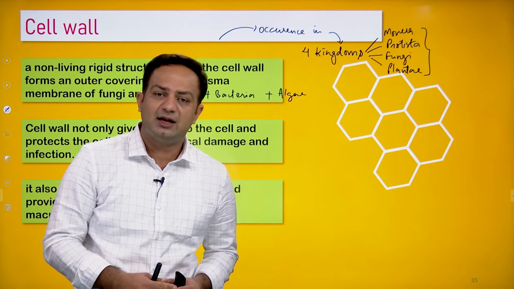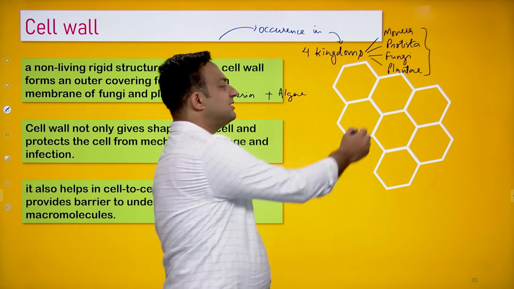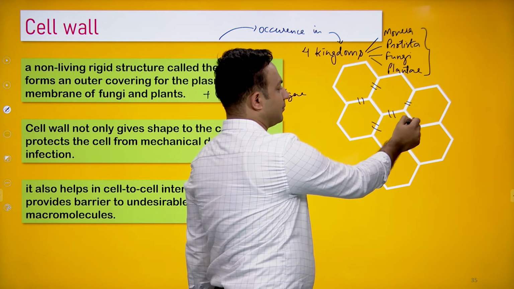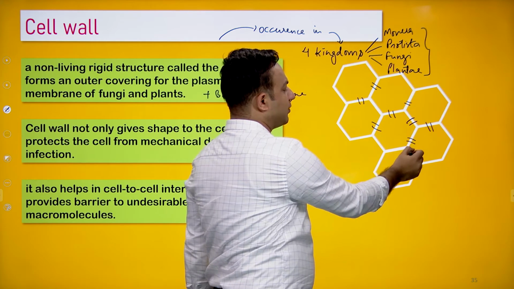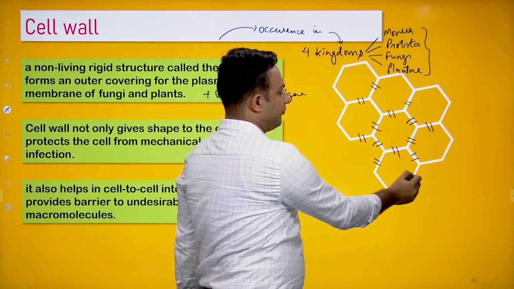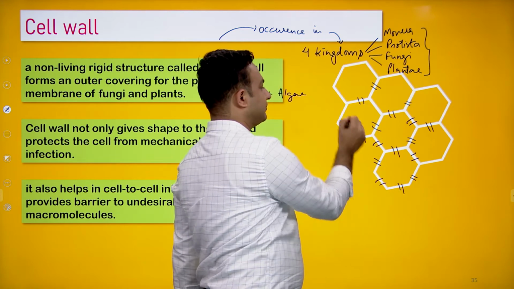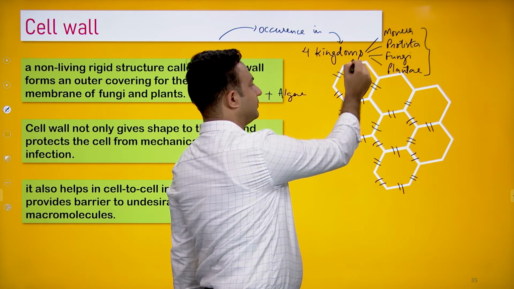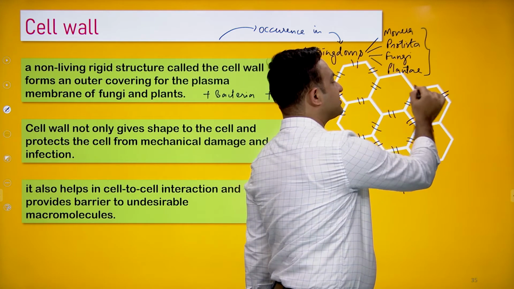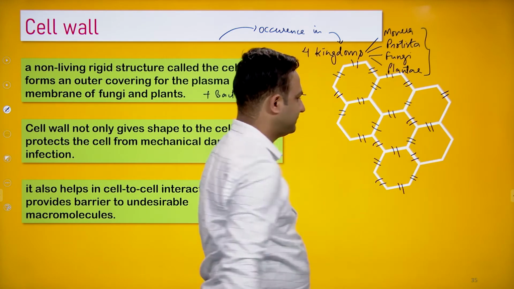And if these are living cells, in that case these living cells must be interconnected with their surrounding cells. You can say that the entire protoplasm is partially divided into cells.